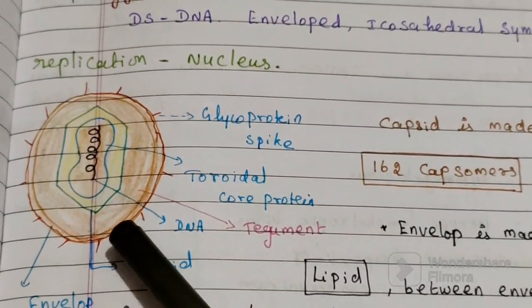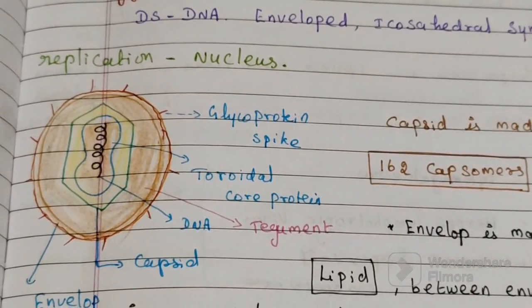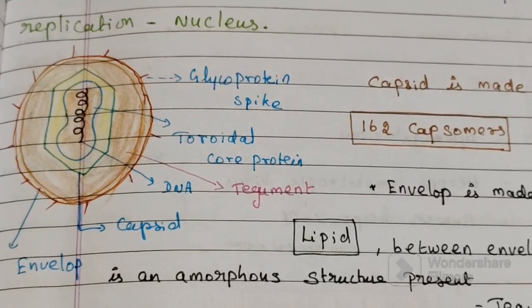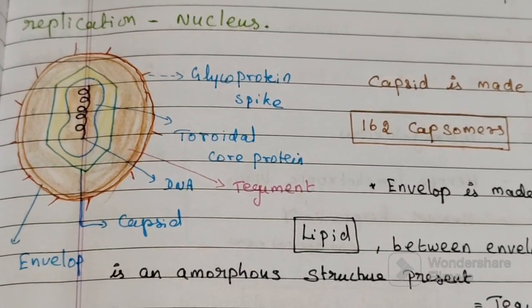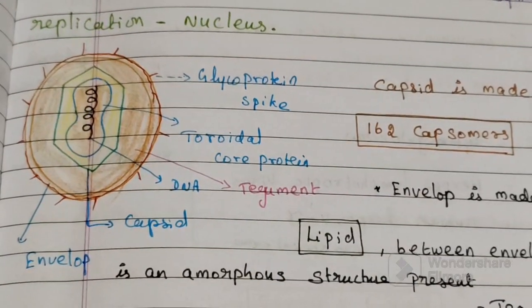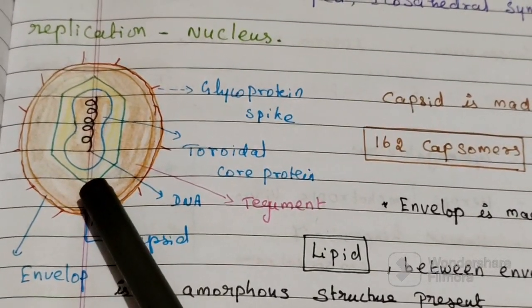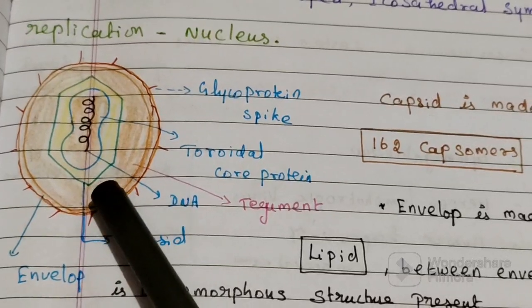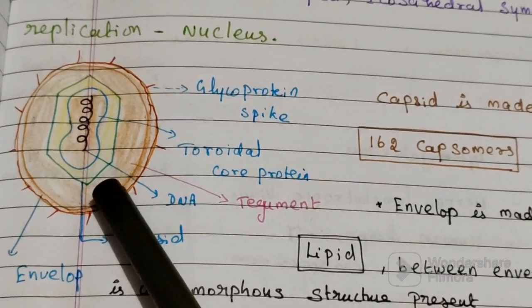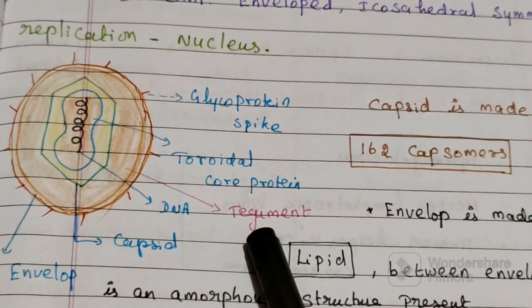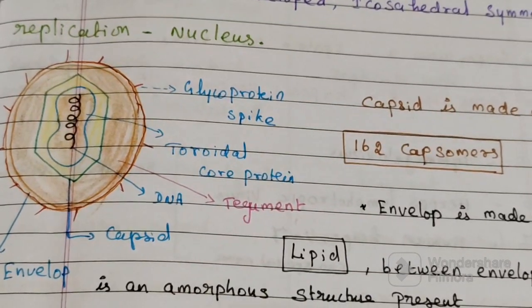This is the envelope, which is made up of lipid. Between the envelope and the capsid, a marble-like structure is present. That is called the tegument.